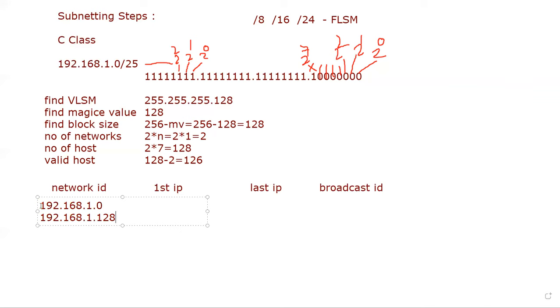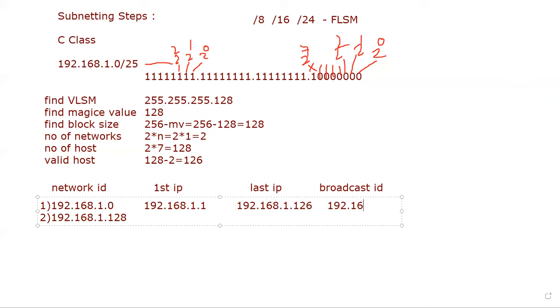Now we have divided this network into 2 parts: one is 1.0, one is 1.128. So the first IP of my first network is 192.168.1.1, the last IP is 192.168.1.126, and the broadcast ID is 192.168.1.127. Why up to 127?